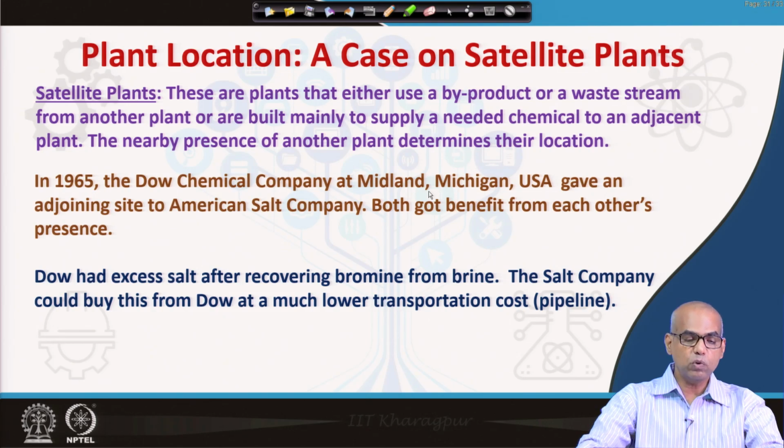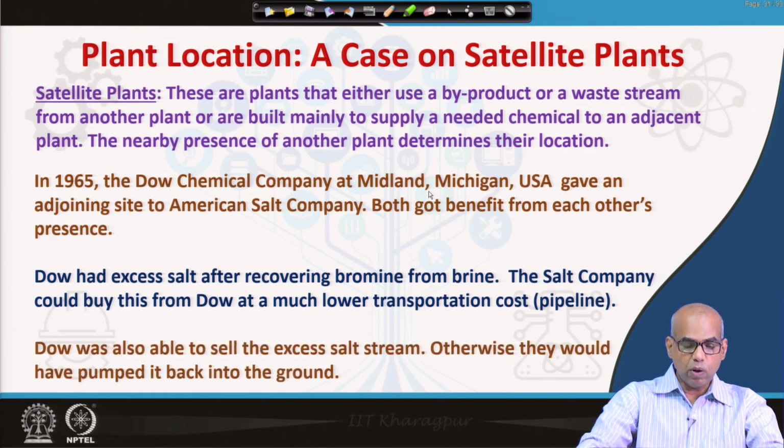The salt company could buy this from Dow at a much lower transportation cost because the brine was easily delivered to the salt company through pipeline. Dow was also able to sell the excess salt stream, otherwise they would have pumped it back into the ground. So, it was beneficial for both the companies.